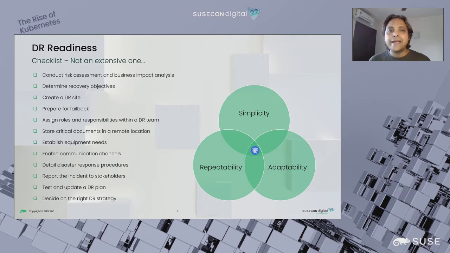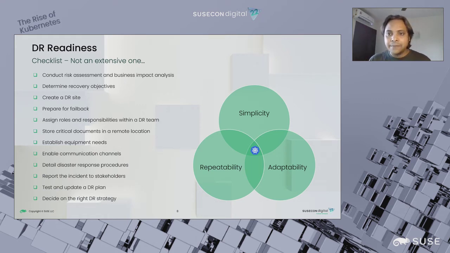Whenever we execute that plan, one time or several times, our outcome should always be consistent. And whenever we execute a plan, there are findings and lessons learned which we have to incorporate. So the plan should be adaptable. We should incorporate those changes, make a plan, test it and then execute it.